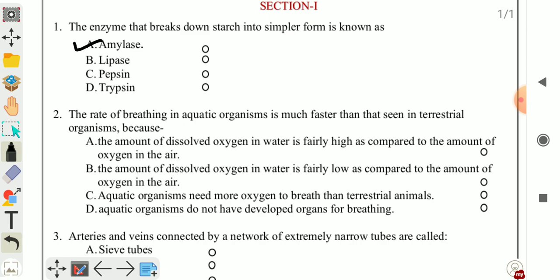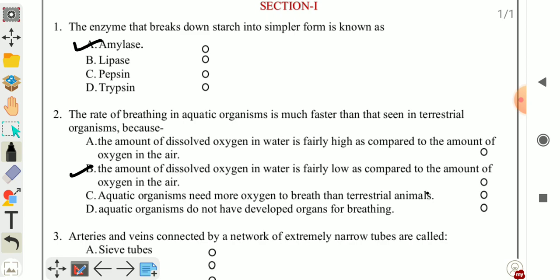This is correct. Option C. aquatic organisms need more oxygen to breathe than terrestrial animals. And D. aquatic organisms do not have developed organs for breathing. So the correct answer will be B.